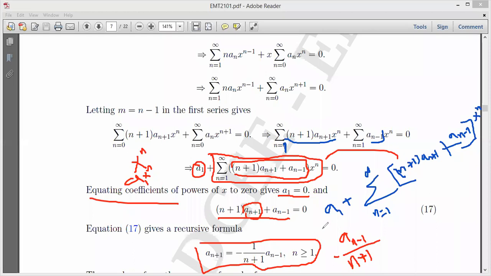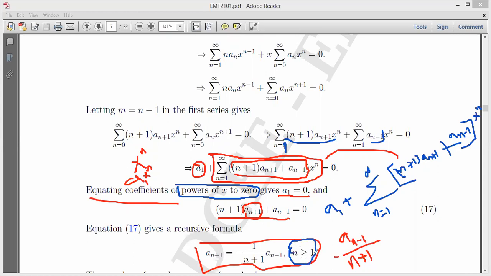And once you have this, remember the n had already been fixed for 0. I think you guys still remember that. Remember when we said equating coefficients of powers of x to 0, this part here. We have already dealt with that 0. That's why in here we are saying that n must run from 1.